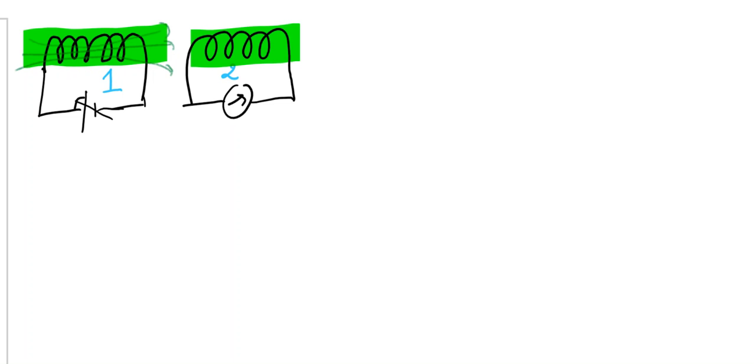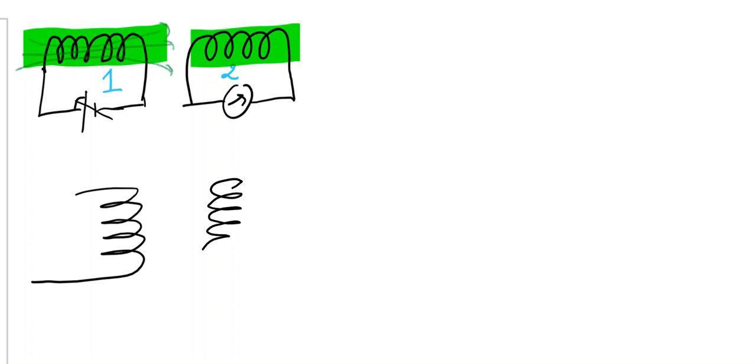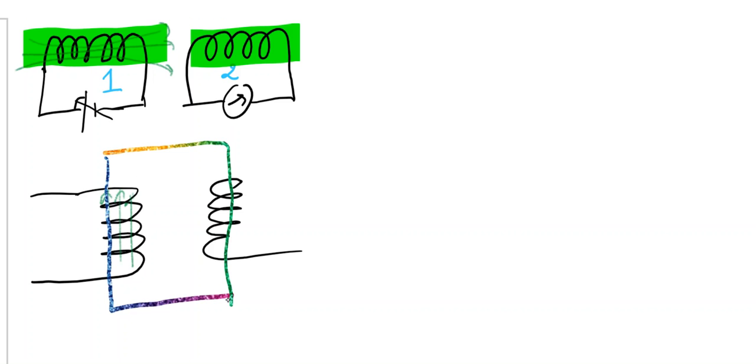To avoid it, say this is the first coil and this is the second coil, if I want to link all the magnetic field lines produced by this coil, I should have one soft iron core placed between these two coils.